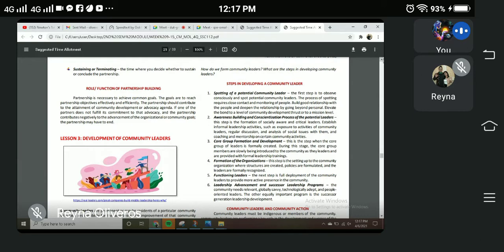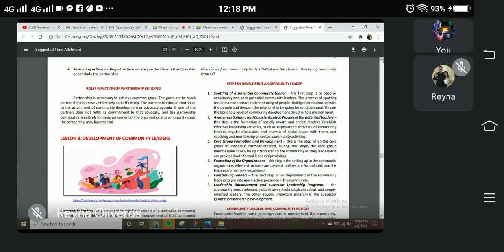Sometimes this could pertain to team building na tinatawag. Okay? So the community needs relevant, globally savvy, technologically adept, and people-oriented leaders. So the other equally important program is the successor and generation leadership development.